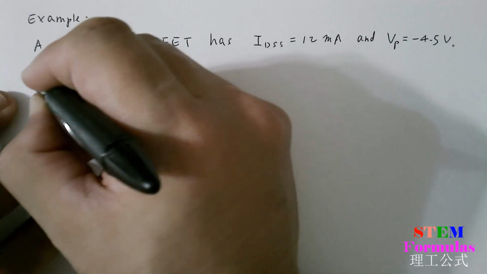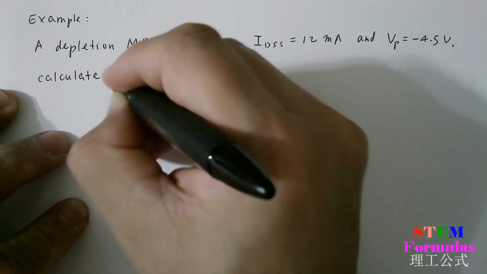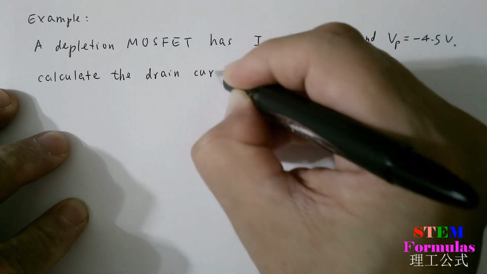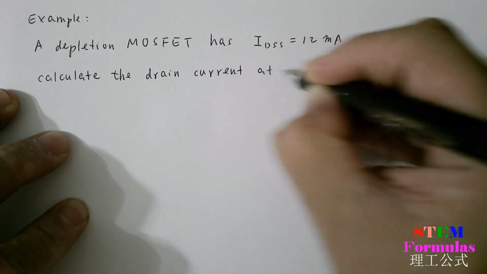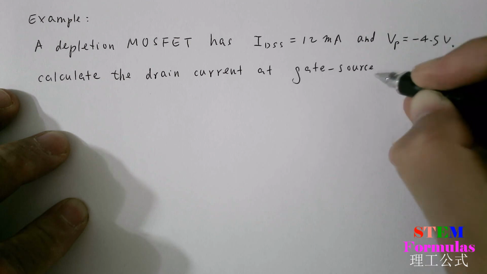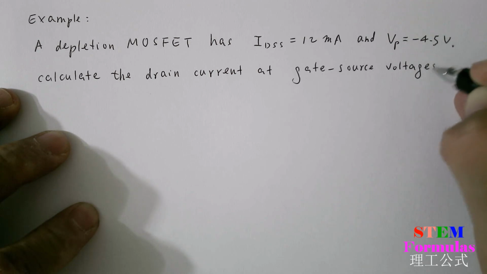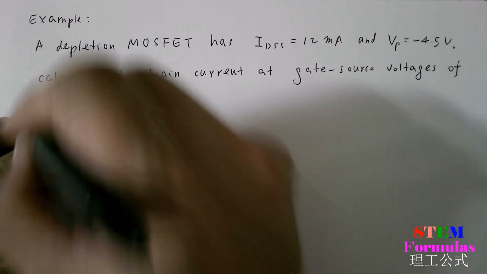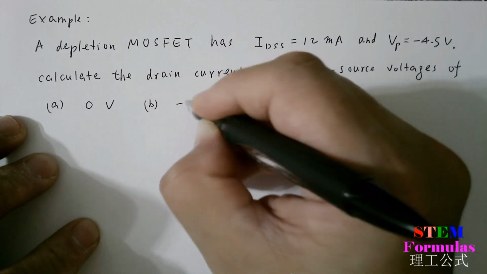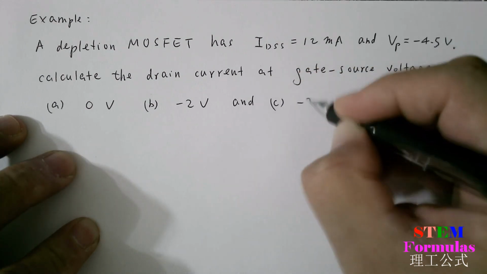And the problem is to calculate the drain current at gate source voltages of A, 0 volts, B, minus 2 volts, and C, minus 3 volts.